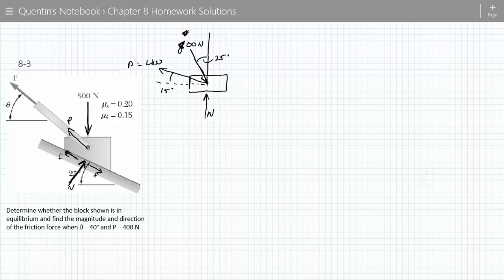So let's say, what is the x component of the 800? It's going to be 800 times sine of 25, and that is equal to 338, and that's going to be off in this direction. That's this portion of the force right here, and then there's a portion coming down right here.